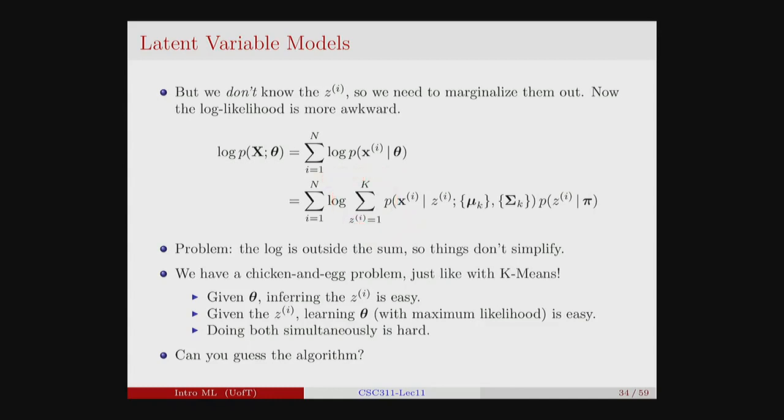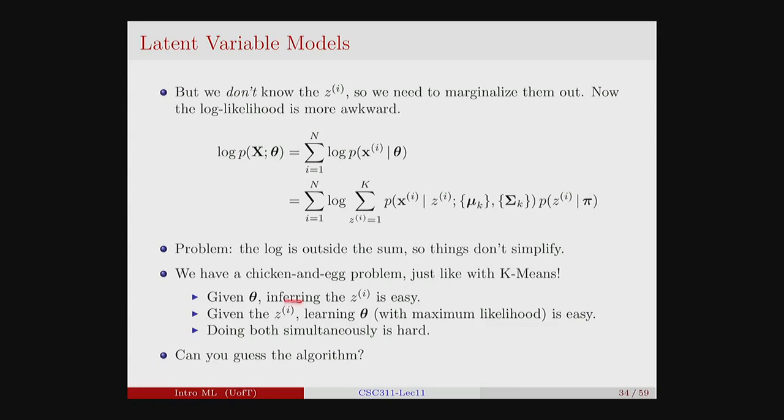And so just like before, we have this chicken and egg problem with k-means, and so we're going to do this alternating step again. We're going to pick some values of theta, which are the parameters of our model, and for the choice of parameters of our model, we're going to run Bayes' rule to infer what the latent variable is, assuming that those parameters were actually true.